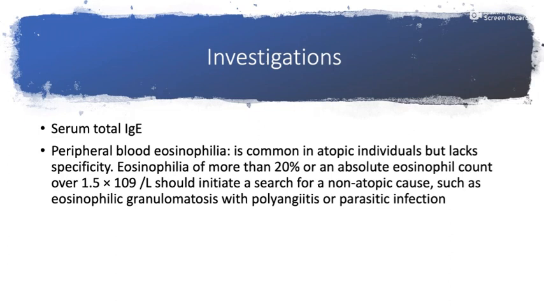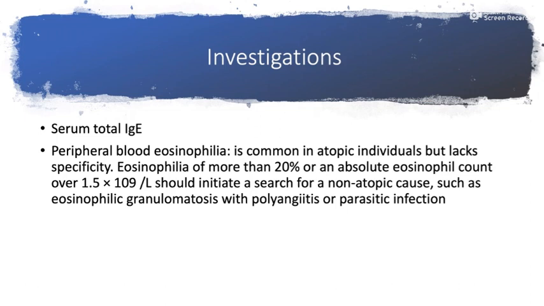If eosinophilia is more than 20%, or there is an absolute eosinophil count of over 1.5 x 10^9 per liter, this should initiate a search for non-atopic cause, such as eosinophilic granulomatosis with polyangiitis, Churg-Strauss, or parasitic infection.